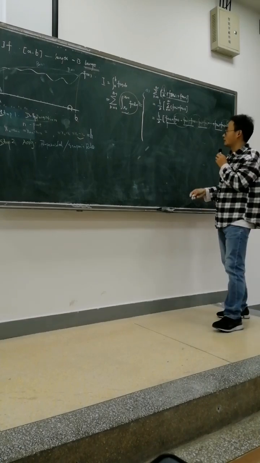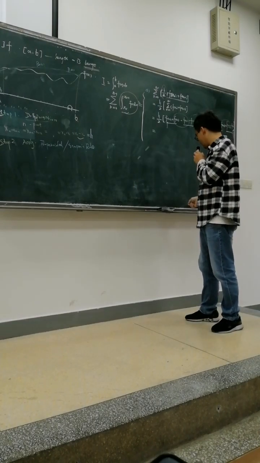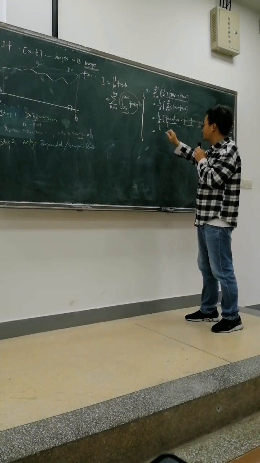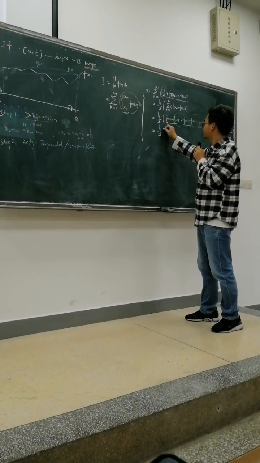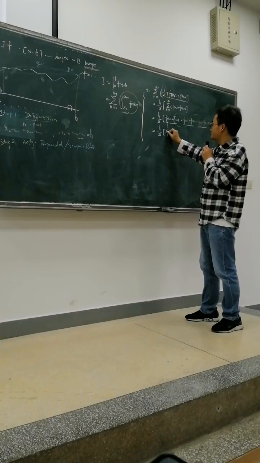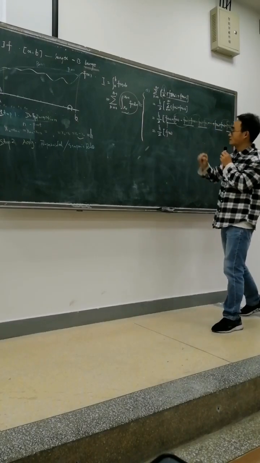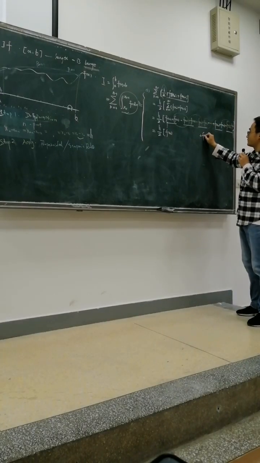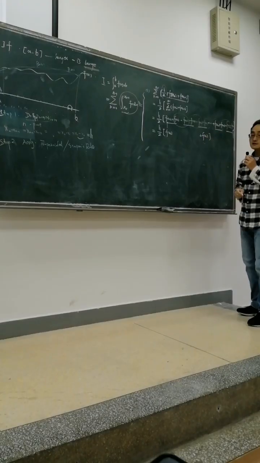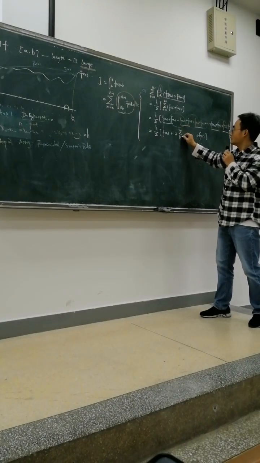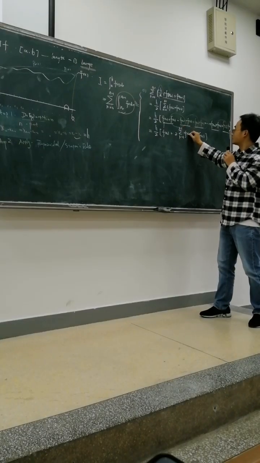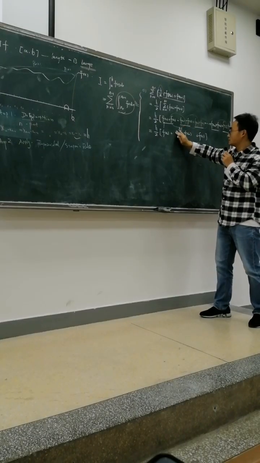So now we have h over 2: the first, f of x0, just 1 time; the last, f of xn, just 1 time; but in the middle, k equals 1 to n minus 1, f of xk has appeared 2 times.